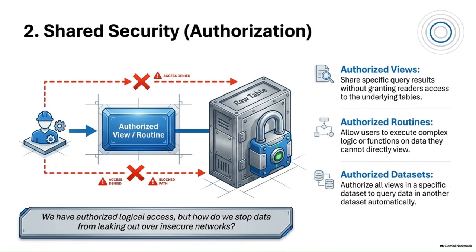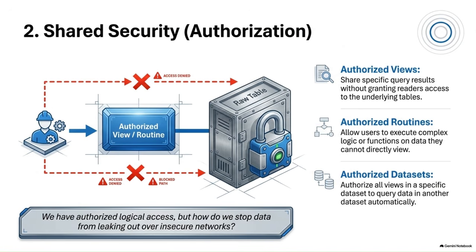So authorized views are authorized to run the queries on your behalf. You create an authorized view, place it in another dataset, and the user will not have access to your dataset, which is your actual tables. They will have access to the authorized views in another dataset.